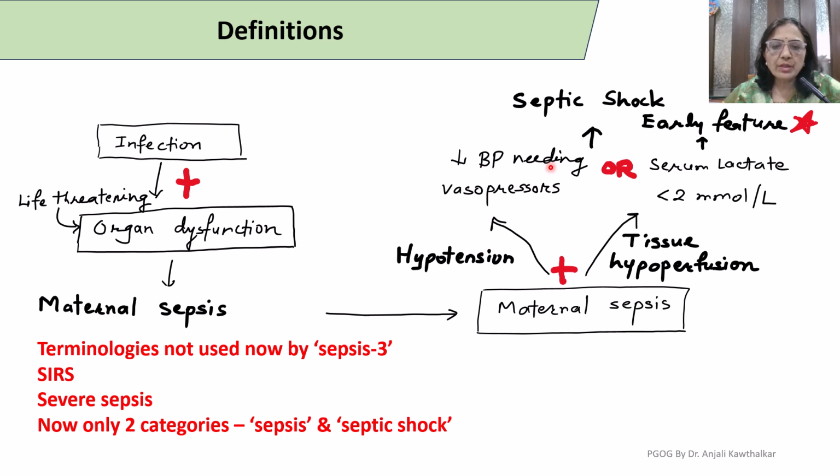The requirement to complete the definition is hypotension which necessitates the use of vasopressors, or, for tissue hypoperfusion, a serum lactate level greater than 2 millimole per liter, which is the earlier feature. That is why I have given it a star. Hypoperfusion occurs earlier and is followed by a fall in blood pressure.